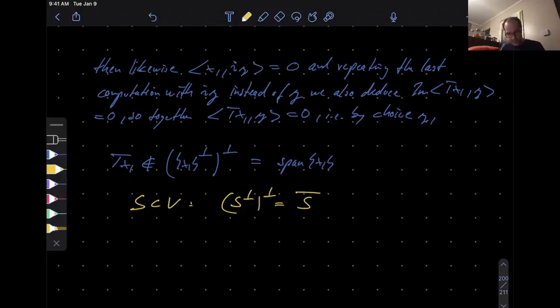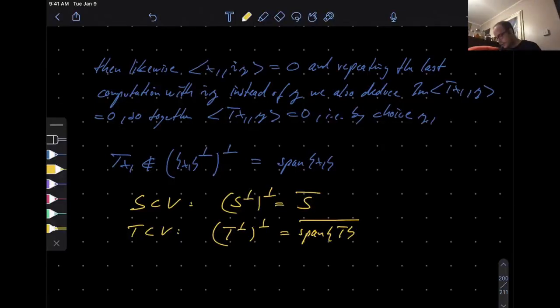Now if this S is not a subspace but a subset, call it T, and you do the same thing, which you can because the orthogonal complement is defined for any subset, not necessarily a subspace, then you get this guy here, the span of T and then the closure thereof. Up here I don't need a closure because this is just a one-element span, so it's just all linear combinations.